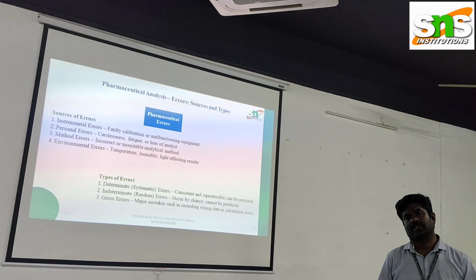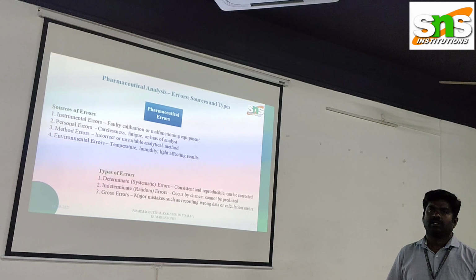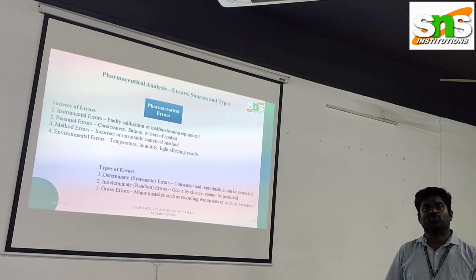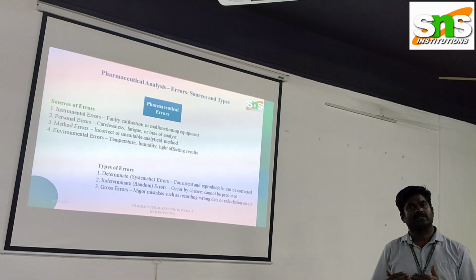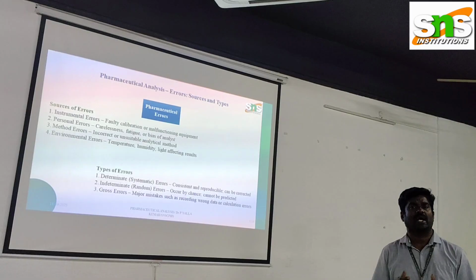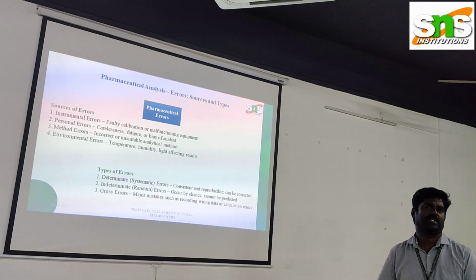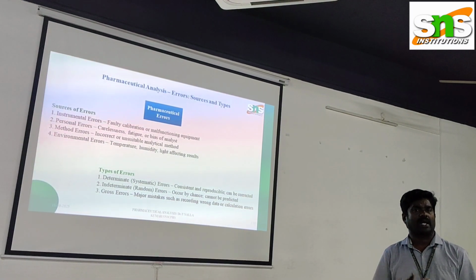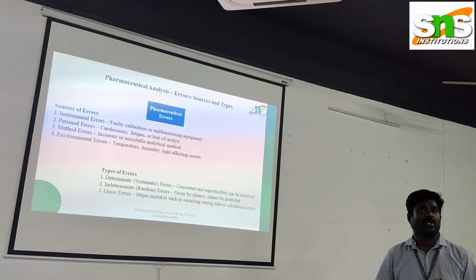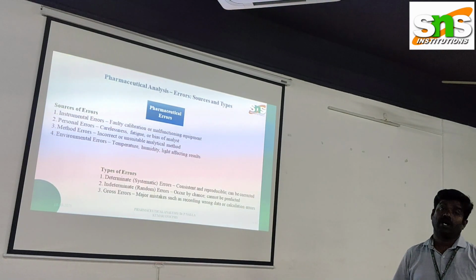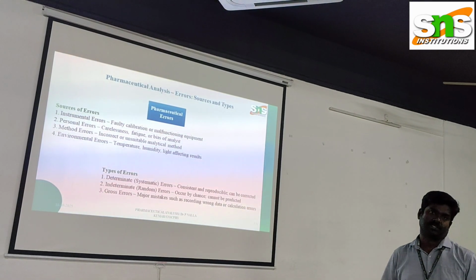Even in these spectroscopy techniques, we may get some errors when we are preparing the sample, or when we are handling the instrument, or when we are doing interpretation, or when we are doing calculations.